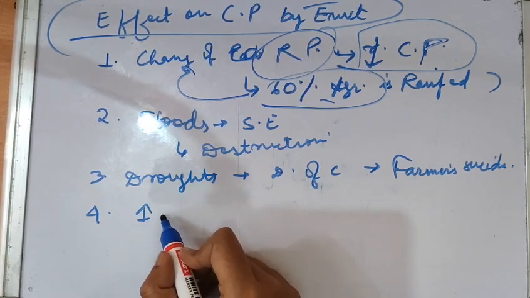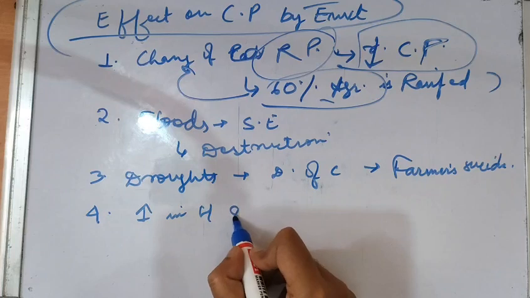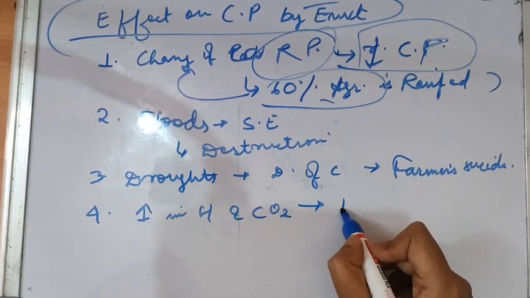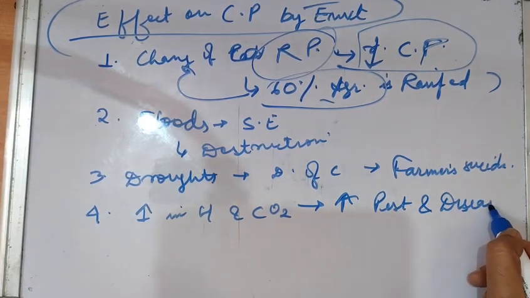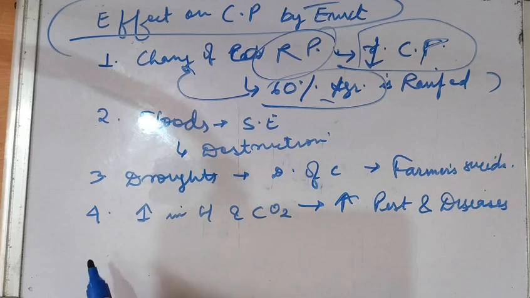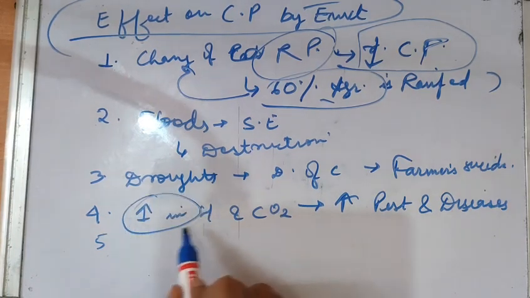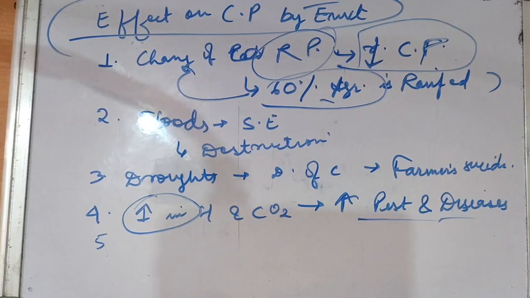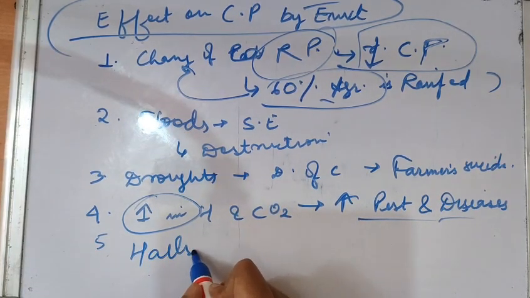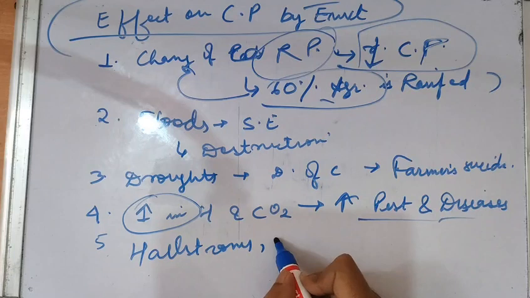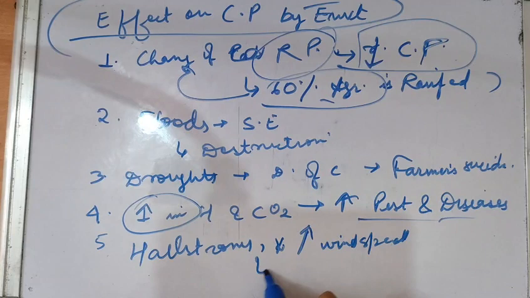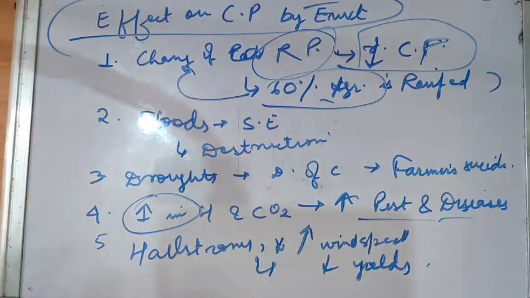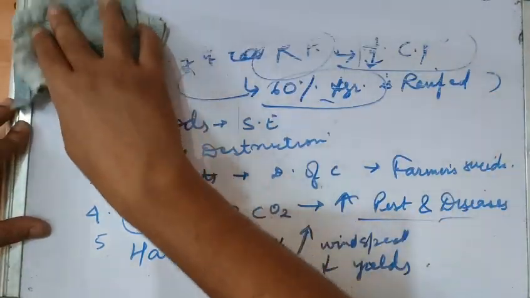Increase in humidity and CO2 lead to increase in pests and diseases, as in high humidity, more pests and diseases occur. Hailstorms, very high wind speed, all these reduce our yields. So this is how our cropping pattern is affected by environment.